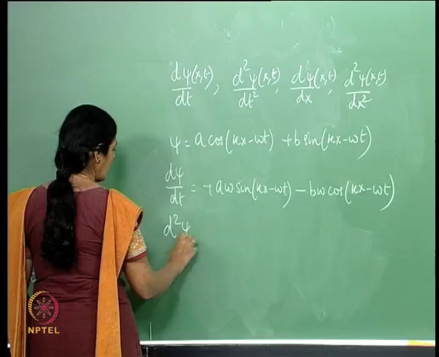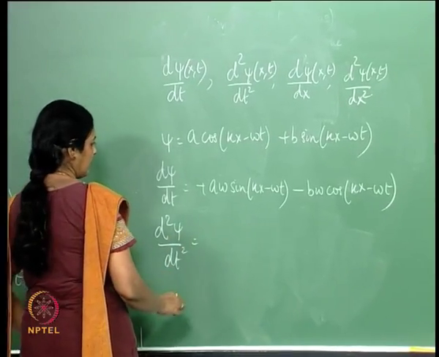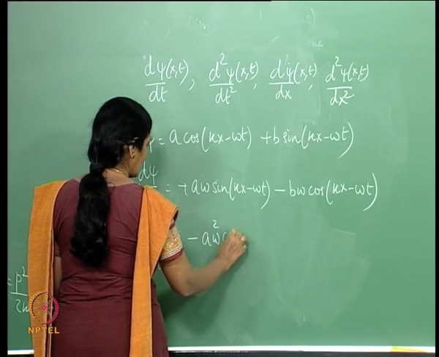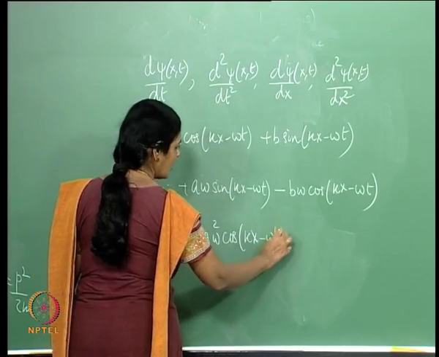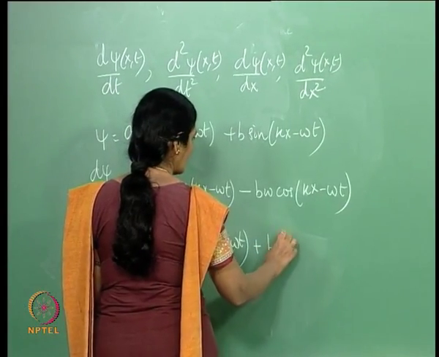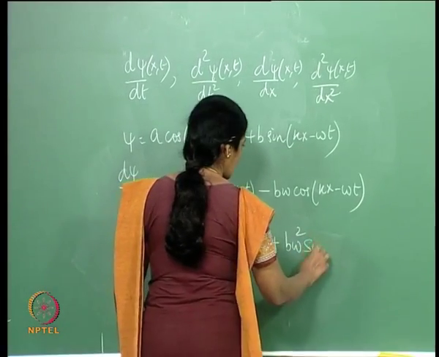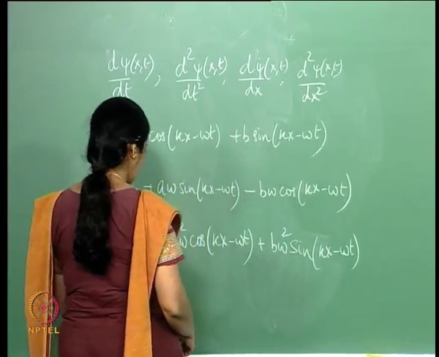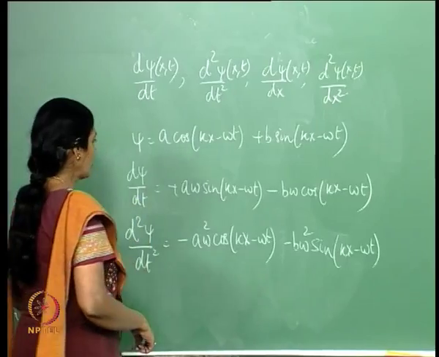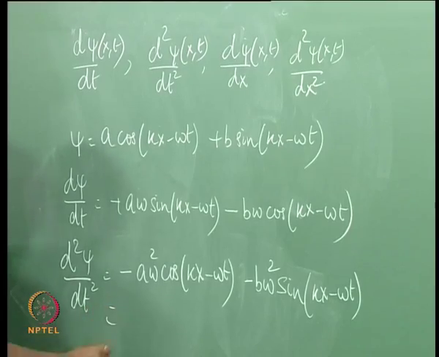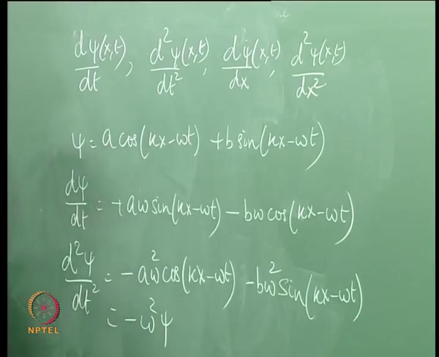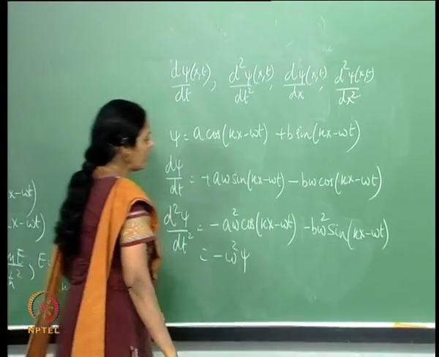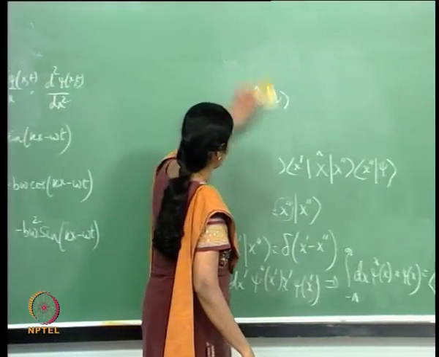So d2 psi by dt squared is minus a omega squared cos(kx minus omega t) minus b omega squared sin(kx minus omega t). So this object is the same as minus omega squared psi. This is d2 psi by dt squared. Similarly, I can find d psi by dx and d2 psi by dx squared.